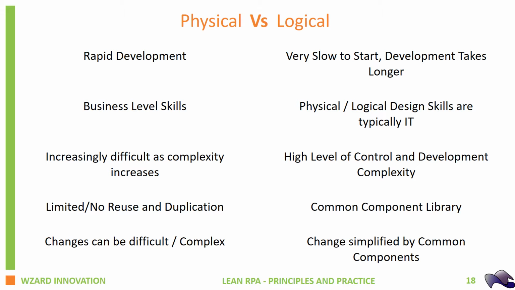Change then can be quite simplified because the change to a single component often is only changed in one place. Now, all automations will need to be tested, but the change only needs to take place in one instance.